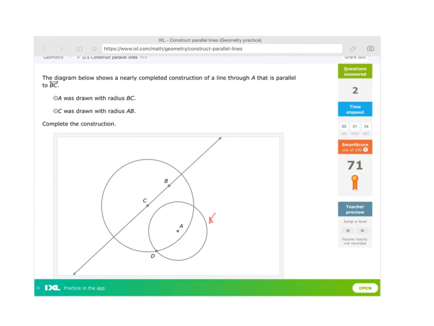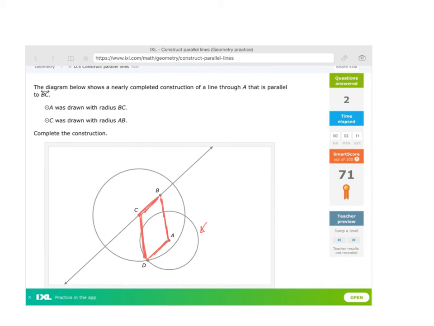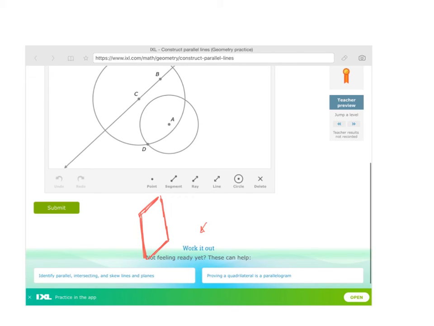So we know this length, right? And we drew this length and this length. So is our parallelogram complete? It is. So let's plug in our values. Draw a line segment. Let's erase this.